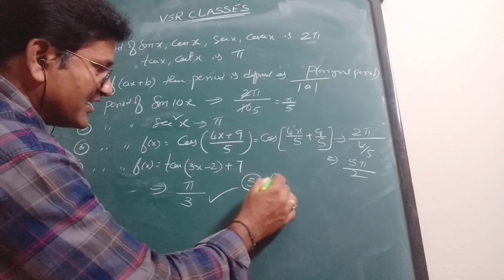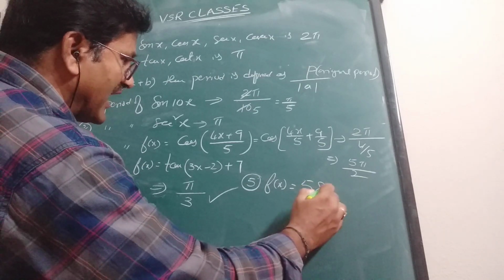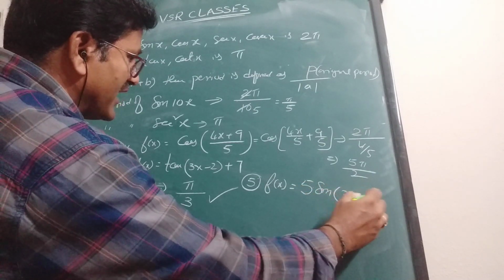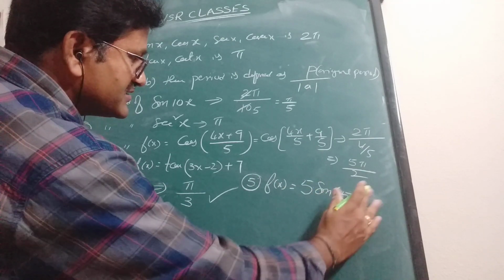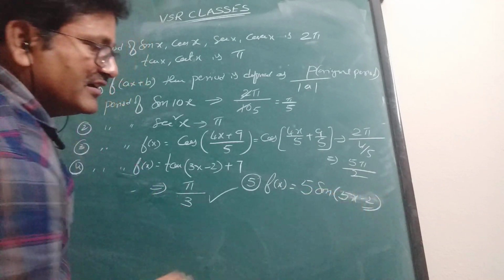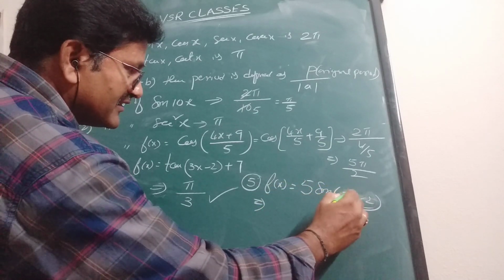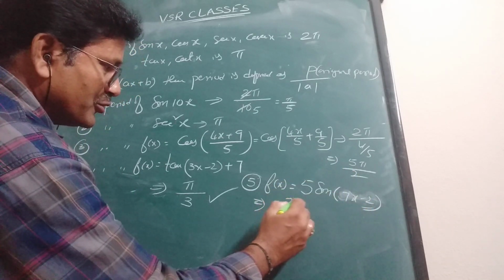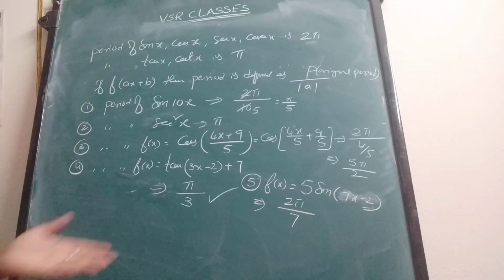If the function is like this, 5 sine 7x minus 2, now what is its original period? 2 pi. What is the x coefficient here? 7. 2 pi by 7 is your answer.